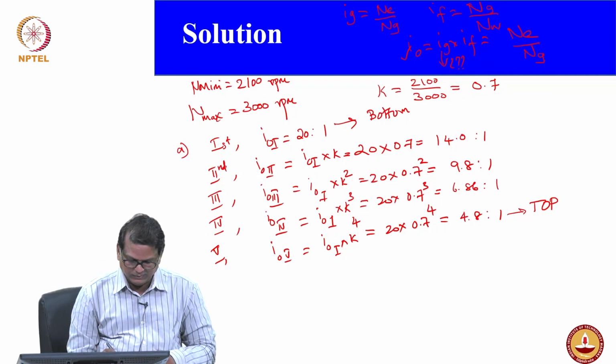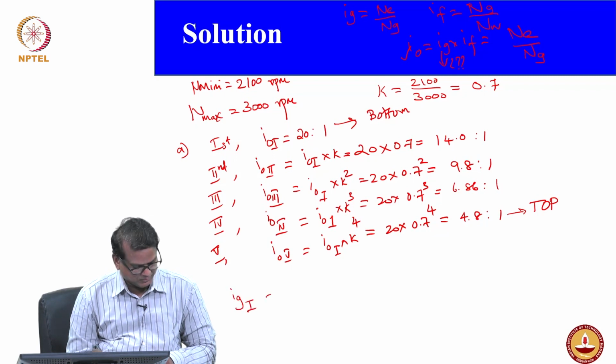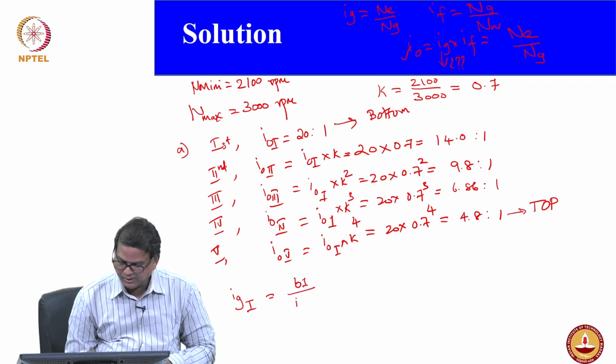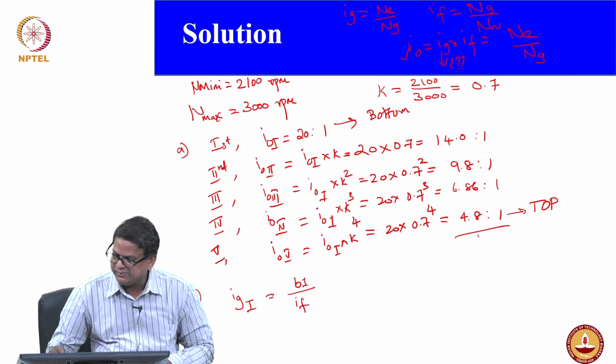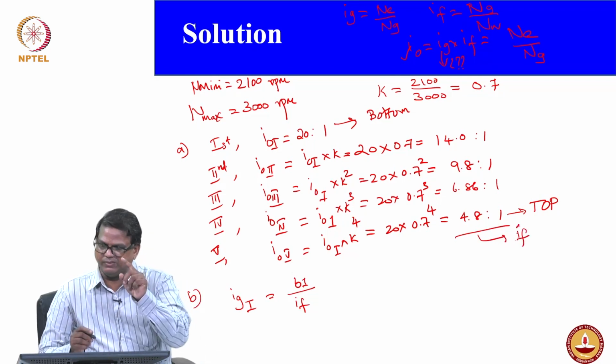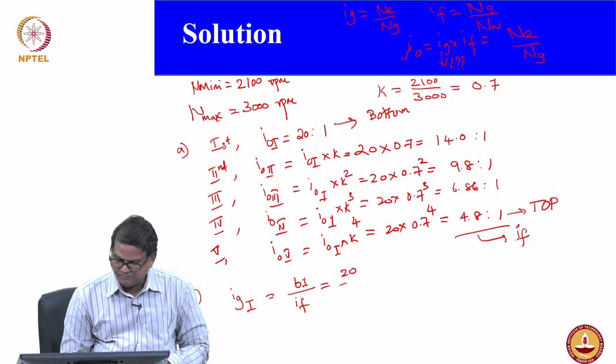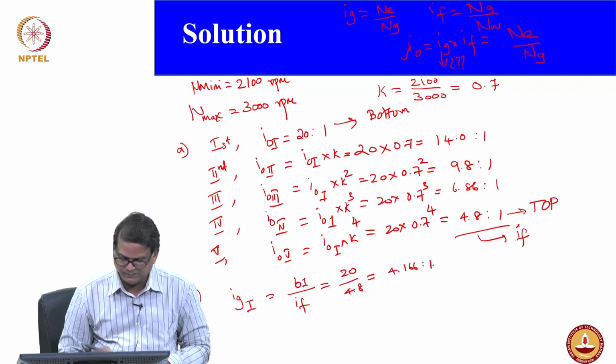So, if you solve it, Ig1 equals IO1 by If. This is my If, the final drive ratio, a fixed one. When you do 20 by 4.8, what is the value you are getting? 4.166:1.